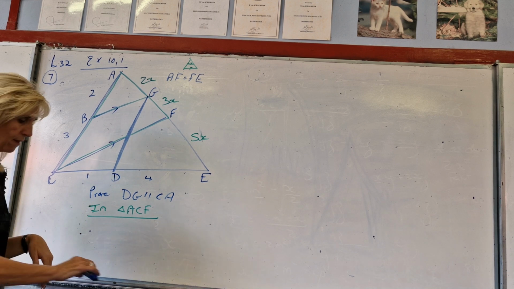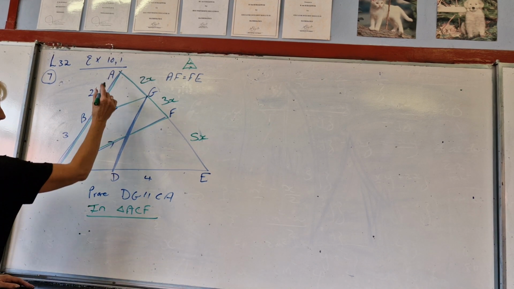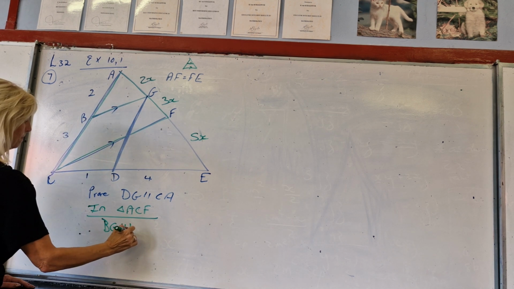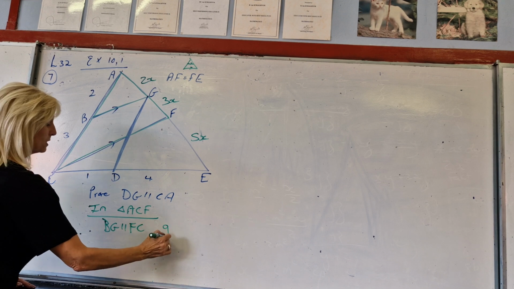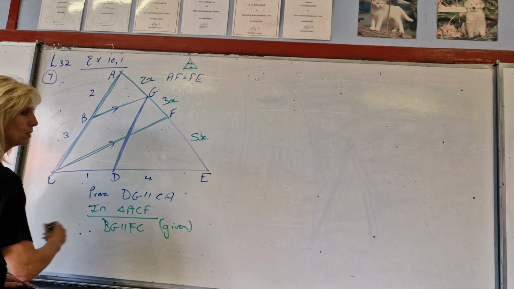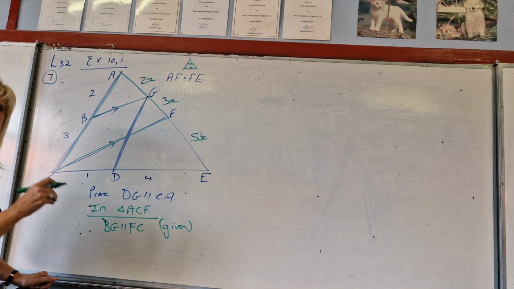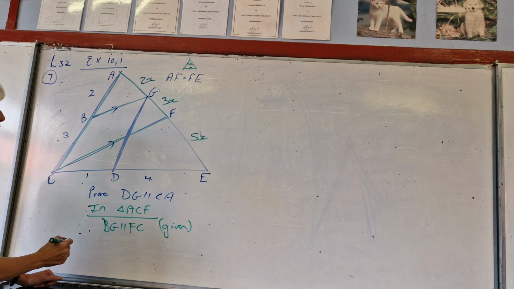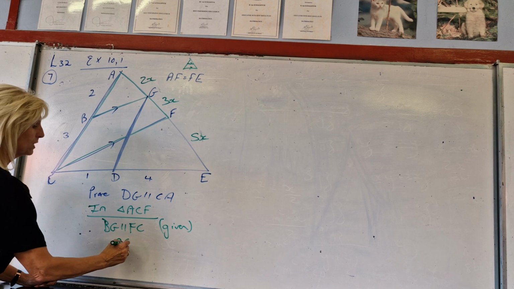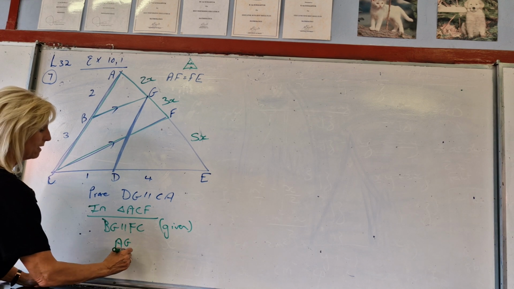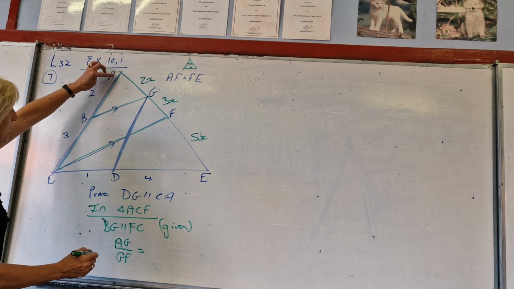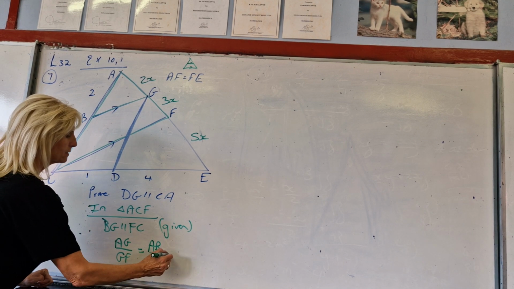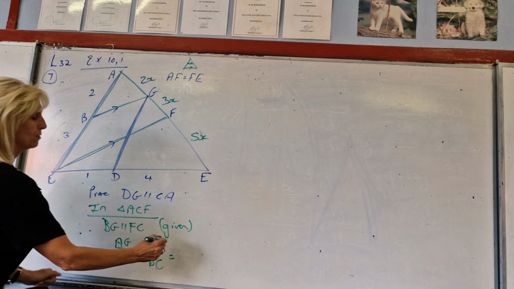Where do I start? So in that triangle, the green one, we said that BG was parallel to CF or FC because it was given, which is normally not worth a mark. But that focuses you on it has to have parallel lines, so that I can say the following, that AG over GF would be the same as AB over BC, which was what? 2 to 3.